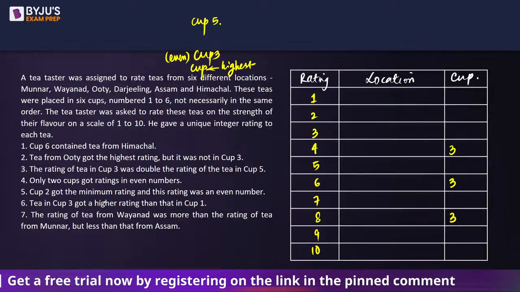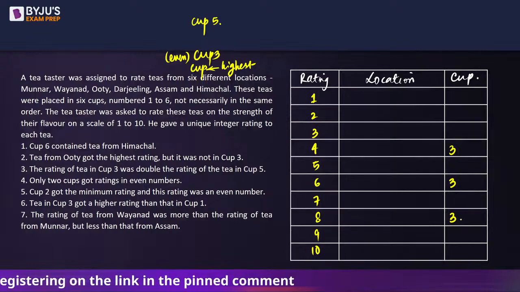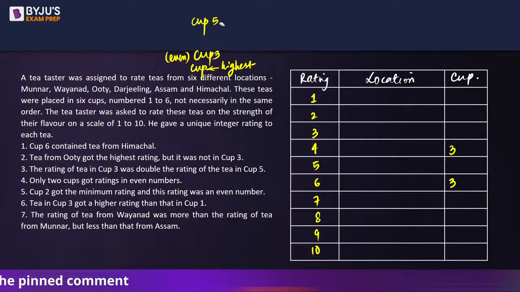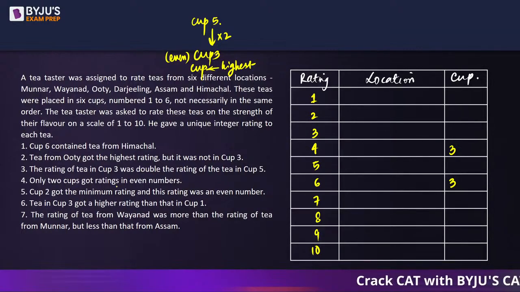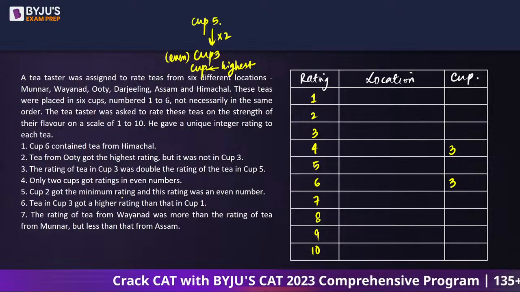Now, cup 2 got the minimum rating, and this rating was an even number. So that tells us that cup number 3 cannot be 8, because if cup number 3 is 8, cup number 5 is 4, right? It's twice of that. So we have 2 even numbers here, and it is given that we have only 2 cups that have got even number ratings, and cup 2 has also got an even number rating, so that's not possible.